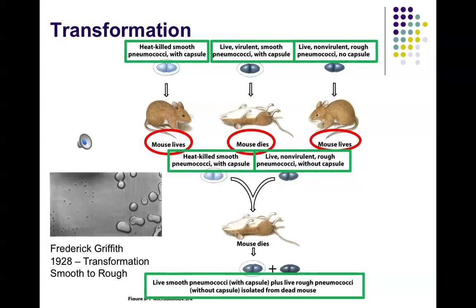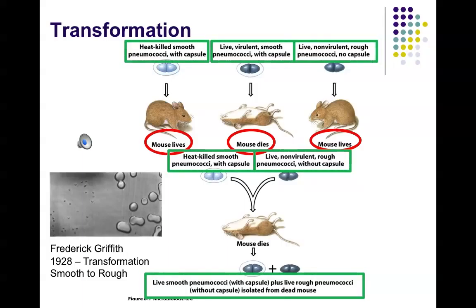The smooth pneumococci are smooth and shiny in colonies because each individual cell, and notice that they actually form pairs, or diplococci, has a capsule. The capsules are slippery and shiny themselves, so when you get thousands and thousands of cells together, the whole group appears to be shiny or smooth.